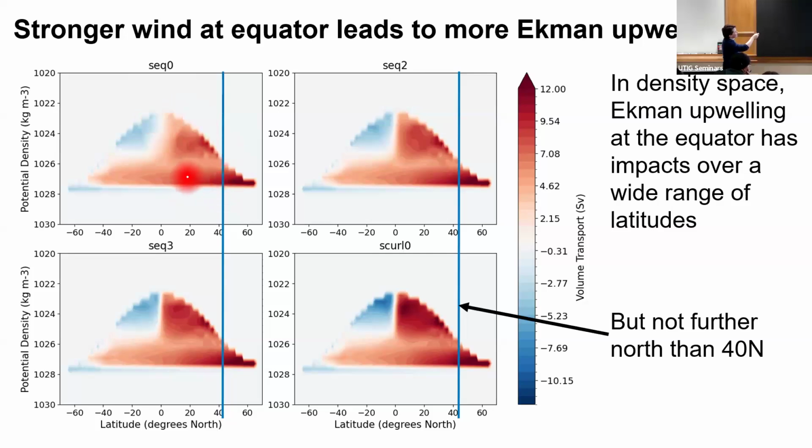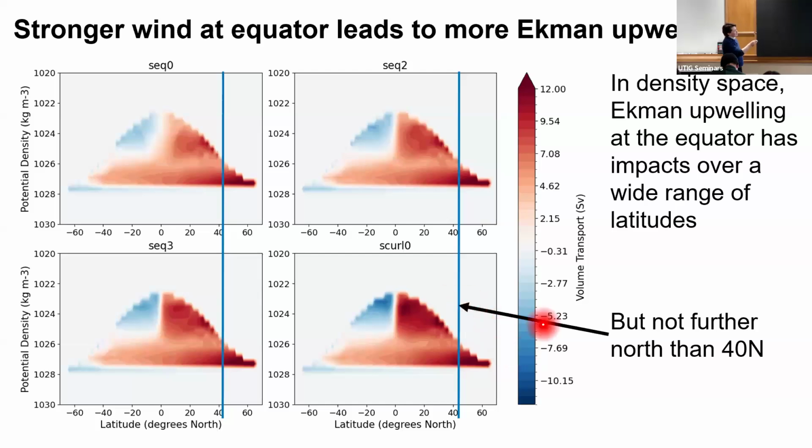You don't actually really see very much change in this deeper red portion, but you see a big change in this red portion right here, which is associated with lighter waters. So as we increase the wind stress, we end up with more of this lighter cell that's bringing warmer water northward and colder water southward.